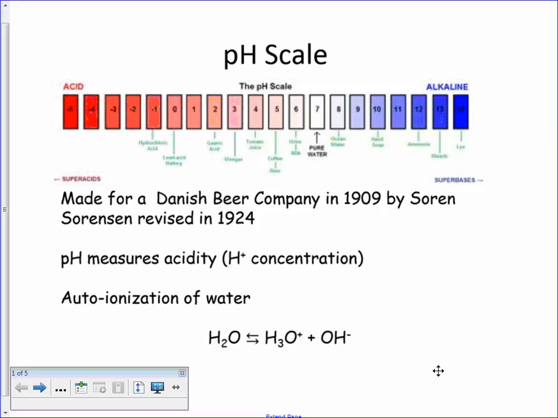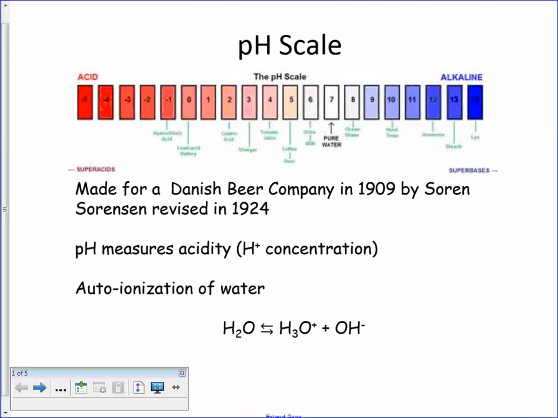Anyway, sorry. So this Danish beer company had this Mr. Sorensen develop a pH scale, and pH measures acidity. So pH is really measuring an acid. And we know that acids produce the ion hydronium.